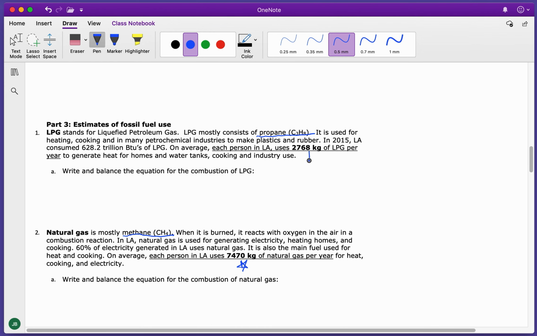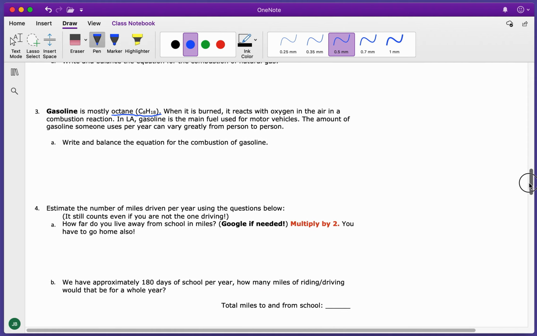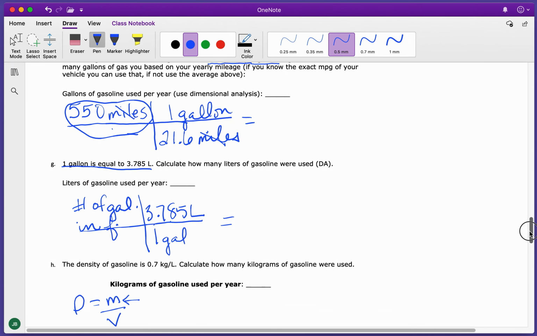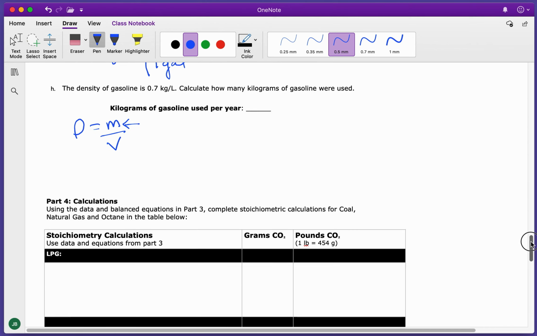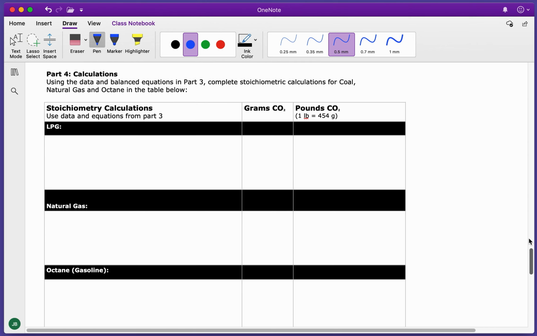Once again, there's your number right there for the LPG. But notice, ladies, these are in kilograms. So you need to convert your answer for the gasoline, the given information for the LPG and the natural gas. All three need to be converted into grams.